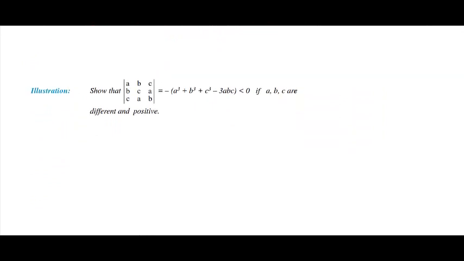So now you have to solve this one, right? So look at the question carefully. The first thing that you have to realize here is the expression a cube plus b cube plus c cube minus 3abc.